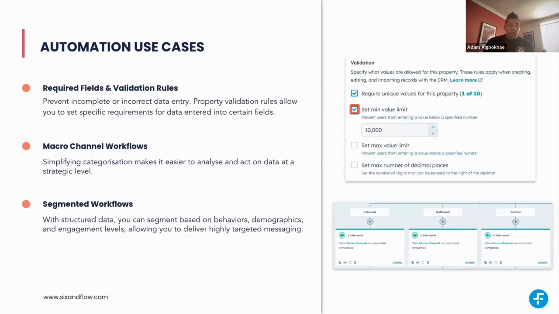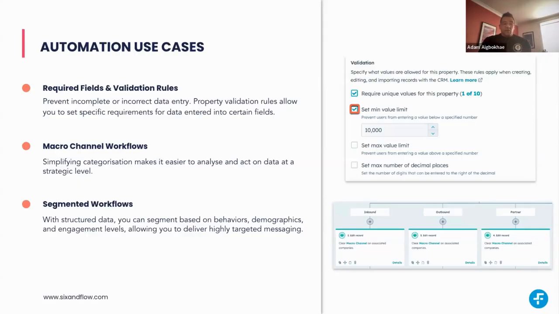So what a macro channel workflow does, it basically takes all that information, pushes it into larger segments such as paid media, inbound, self-sourced, and it just organizes and simplifies your entire system to give you actionable data points. Going back to AI, the reason that's valuable, the easier it is for you to understand the data, the easier it is for the AI to understand the data as well.